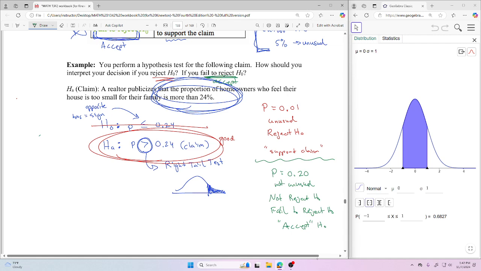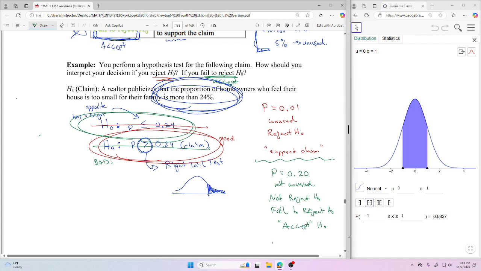Cool. What does it look like to accept H naught? It says that this stuff is good right here. We like this. The original status quo is great. So we like that. But then I would have to say claim bad. That claim was bad. So then how can I say claim bad?